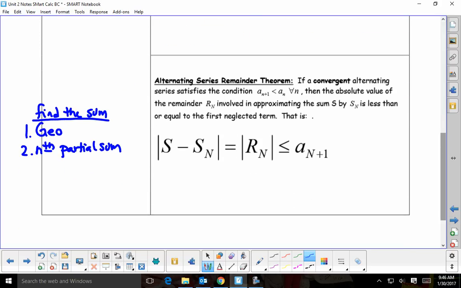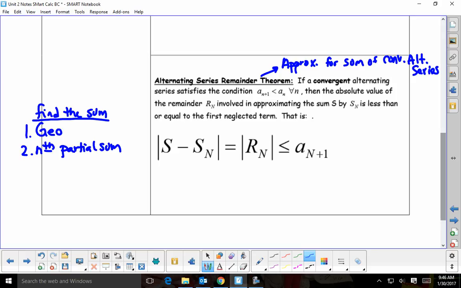This we're actually going to learn. This is going to give us an approximation for the sum of a convergent alternating series. We can't find the sum if it's not convergent, right?